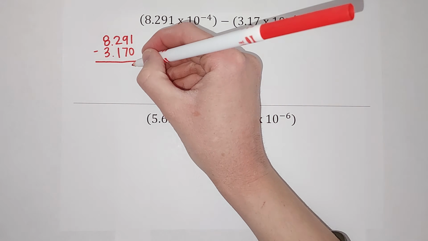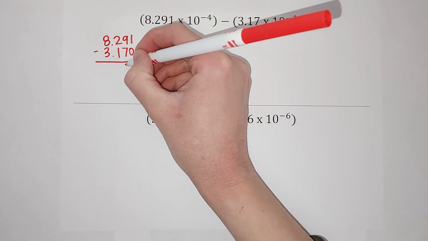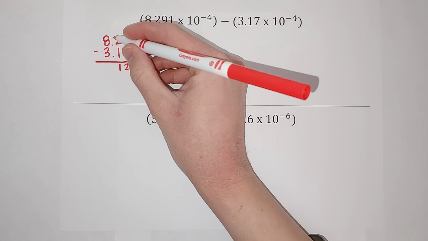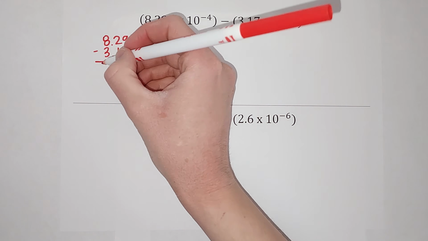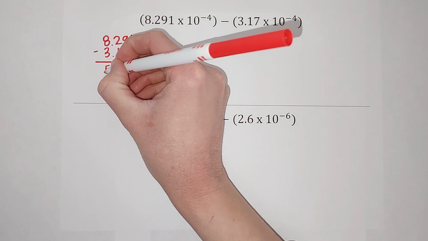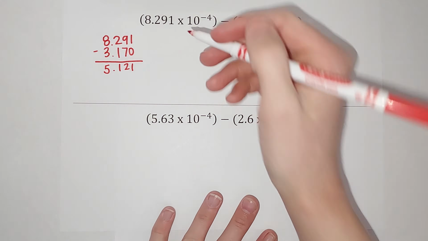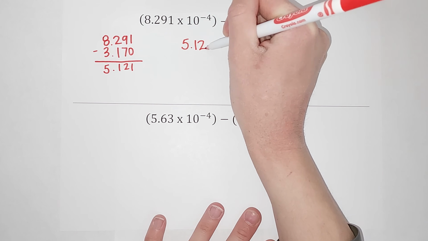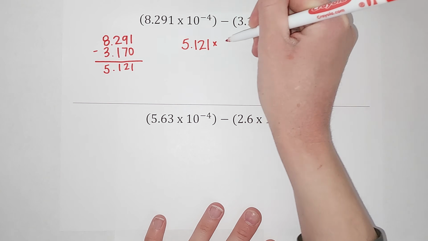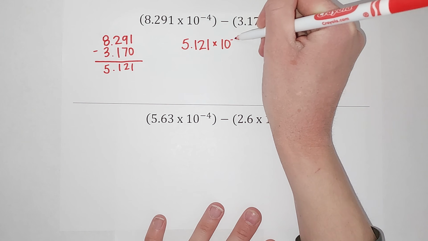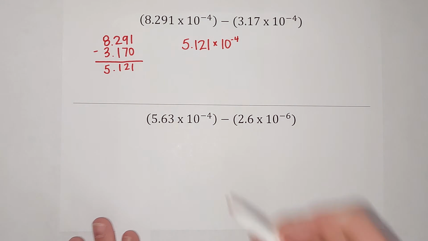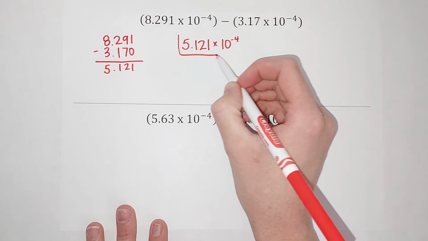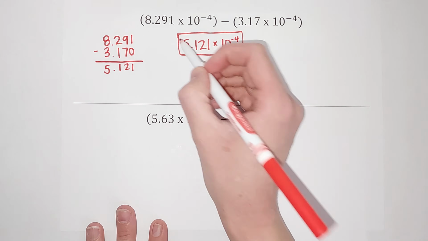So 1 minus 0 gives me 1. 9 minus 7 is 2. 2 minus 1 is 1. Drop my decimal down, and 8 minus 3 gives me 5. So I end up with 5.121 times 10 to the negative fourth power. And that is my answer.